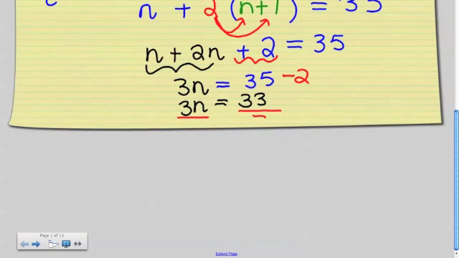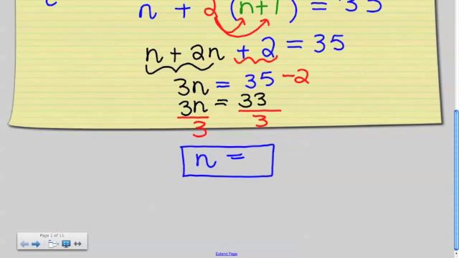Divide both sides by 3, which gives me a total value for n. What is 33 divided by 3? Can someone tell me? Yep, Avina? 11. n is equal to 11. So that means that n plus 1, which is going to be the larger integer, is going to be equal to 12. So whenever you are given a word problem, it's extremely important that you have a written statement as your final answer. Without the written statement, you're going to be losing a mark on your test, okay?